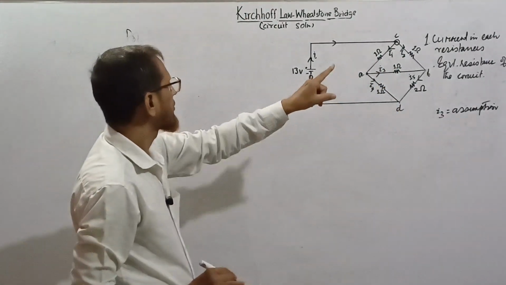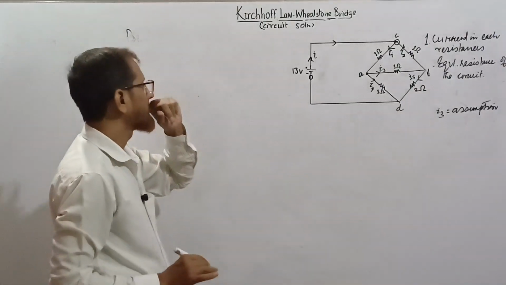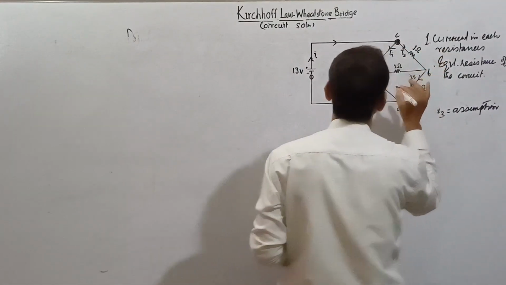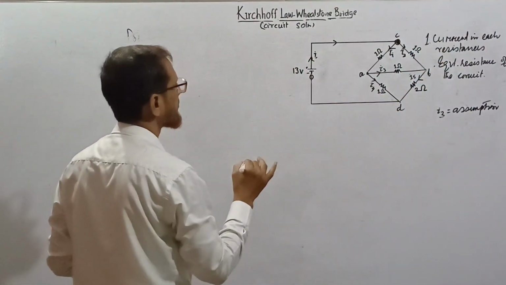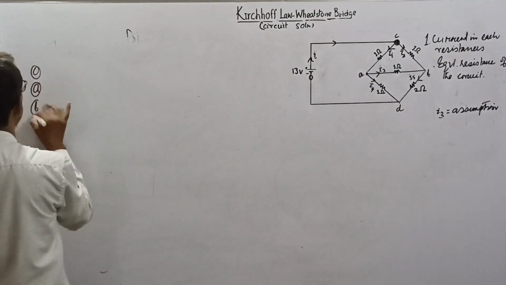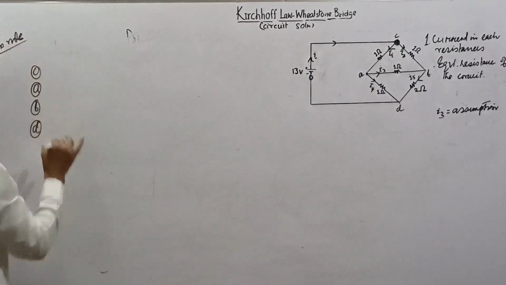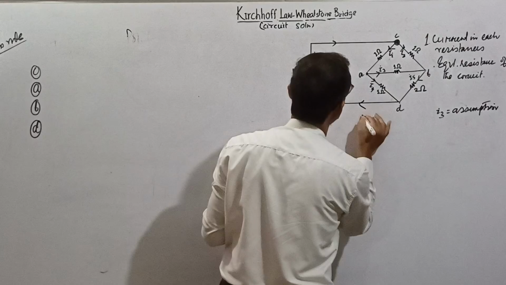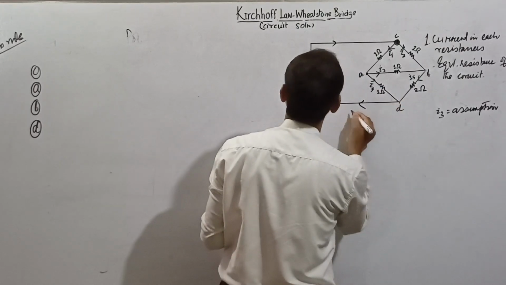So let's start with the junction rule. Now, what is the junction rule? Whenever the current comes in this way, it comes in this direction.